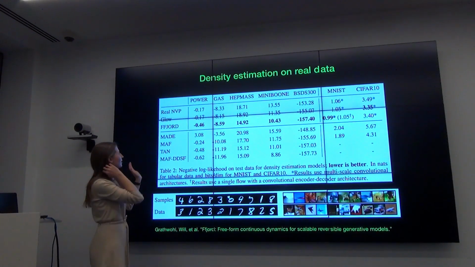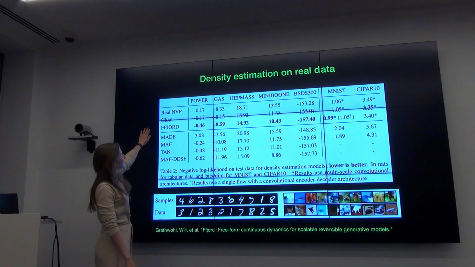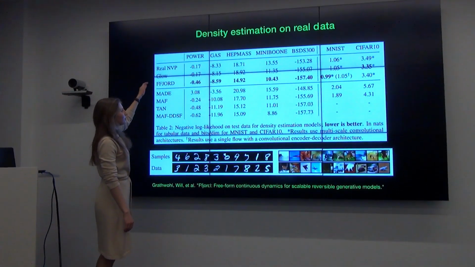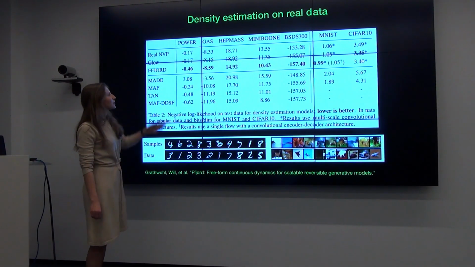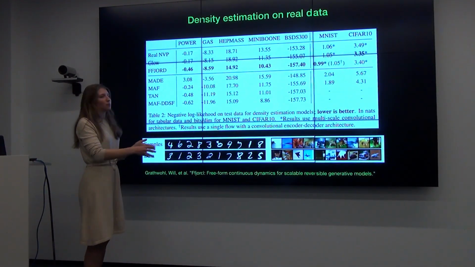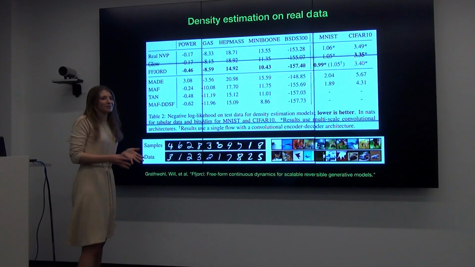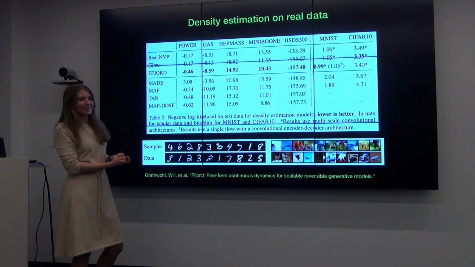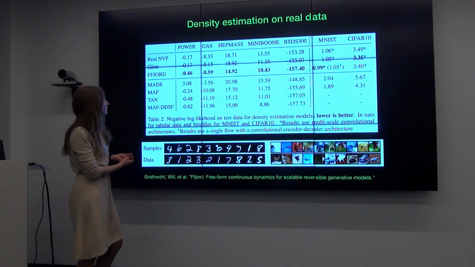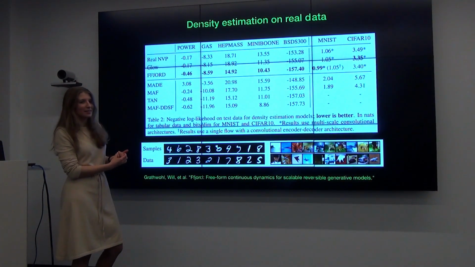And as we can see, low. And what are the datasets? What is power, guess? It is some real tables. Tabular data? Yes, tabular data.